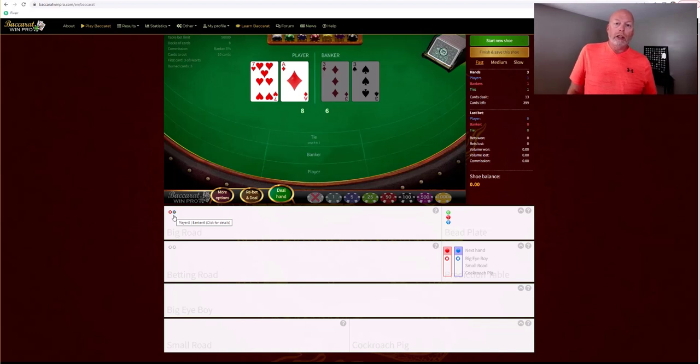It's just looking at a little bit further back in the history. So we go here, and we go over one, and if this is blank and the one above it has something in it, we know that we would expect chaos. Because once we get down into the derived roads, it's not banker player anymore, right? It's chaos and anticipated outcome. So let's go ahead and deal the hand to see which way that comes out.